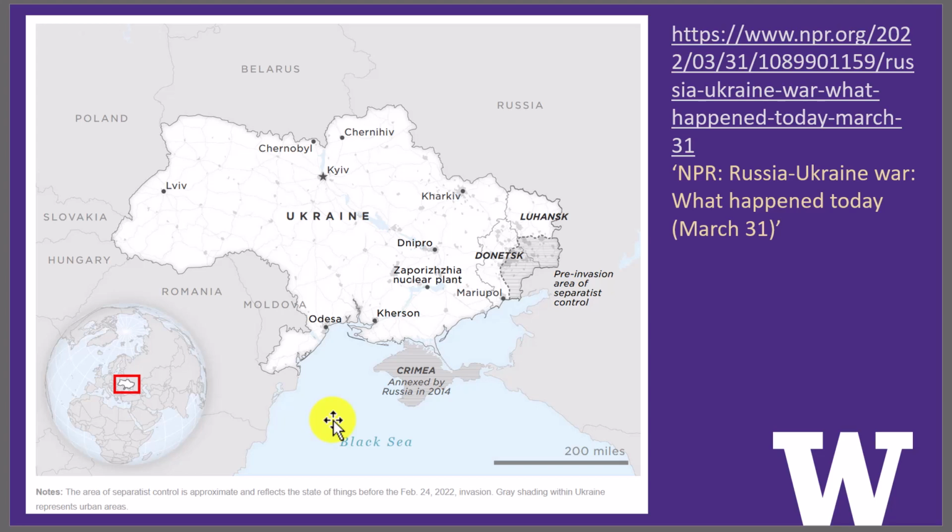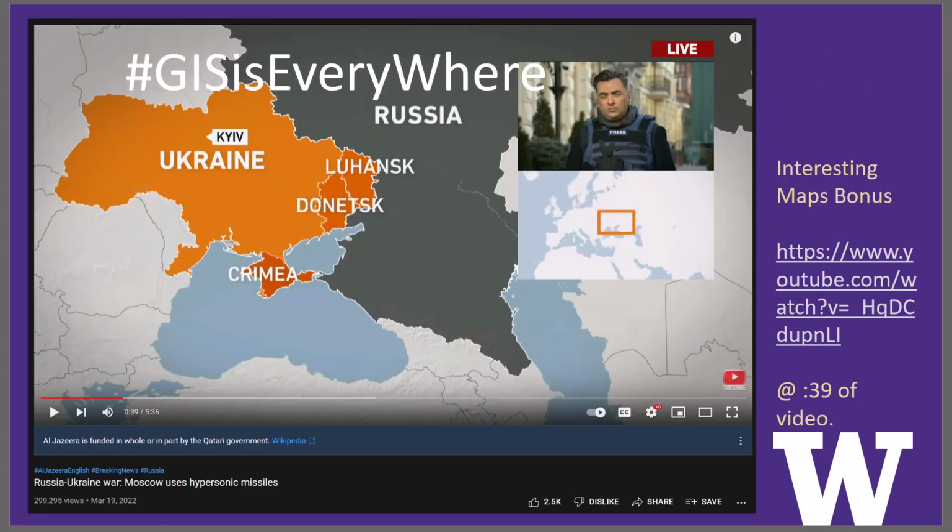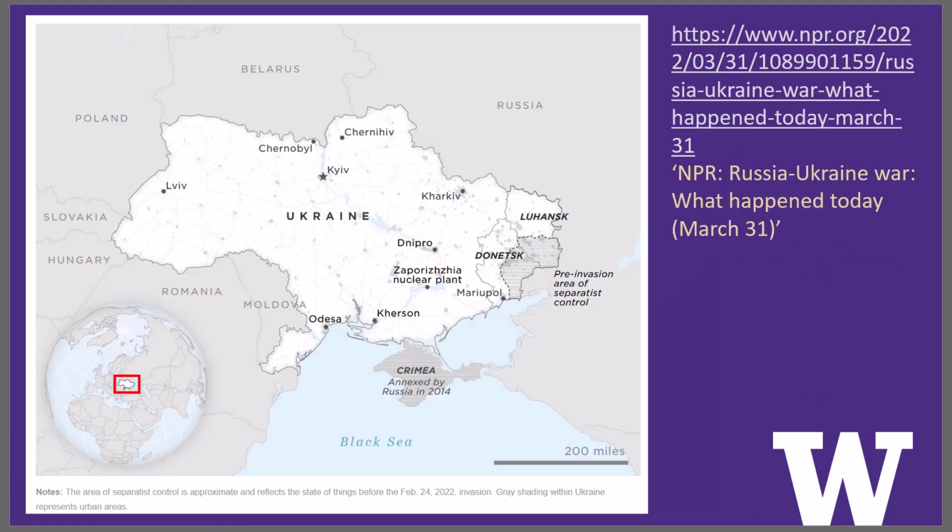First of all, this is made by NPR. I'm thinking this one, it is Al Jazeera right here. So Al Jazeera needs some help with their maps, or at least they did in 2022. But NPR is doing very, very well.